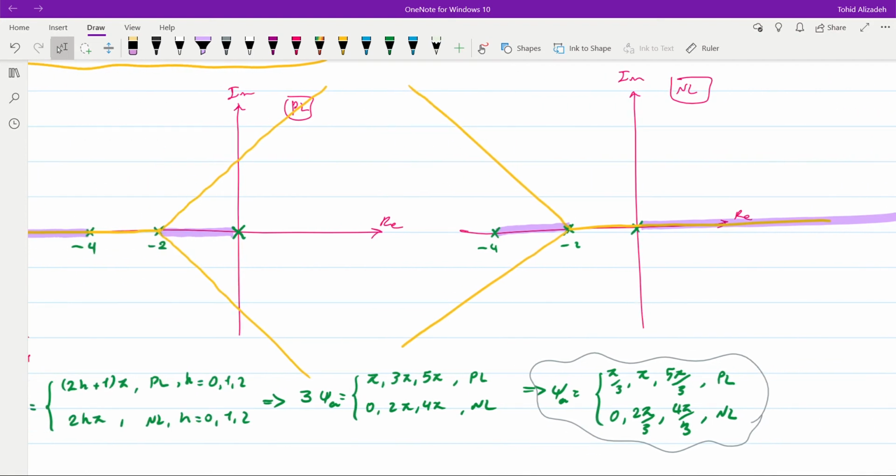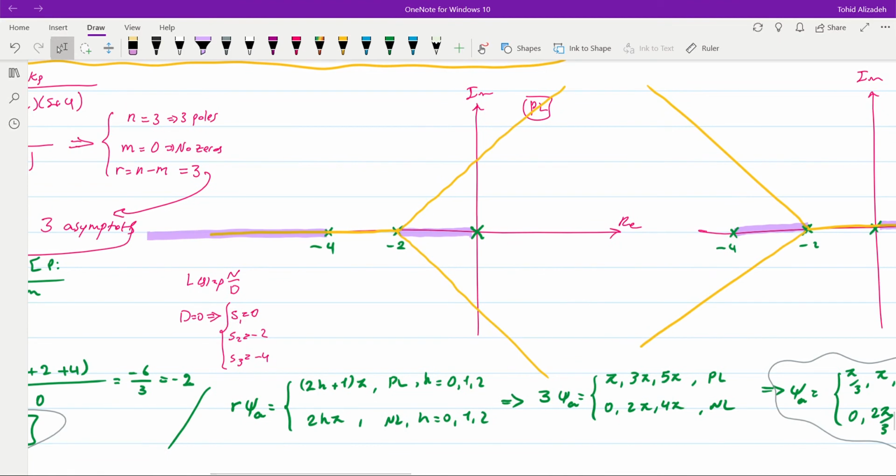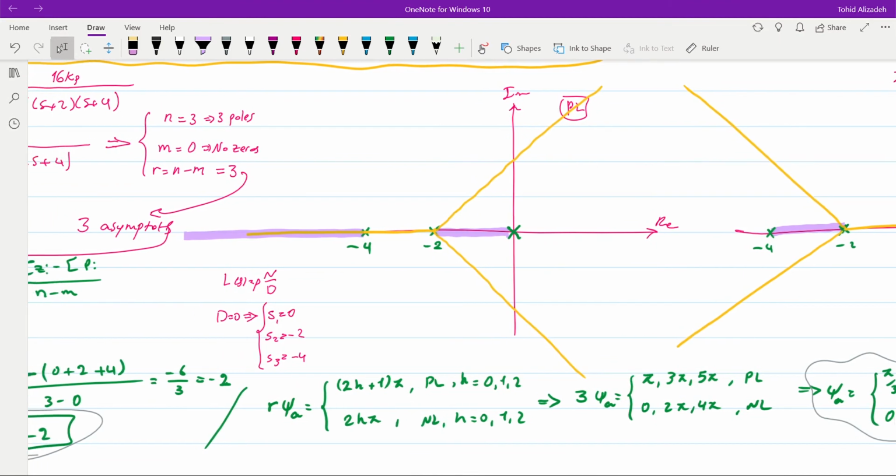And again, we know that the branches will originate from the poles, the open loop poles of the system, and all of them will go towards infinity with the help of the asymptotes. Okay, so if we focus on the positive locus, there will be a branch originating from the pole at -4, and it will move on the real axis towards -infinity using the asymptote that we have drawn.